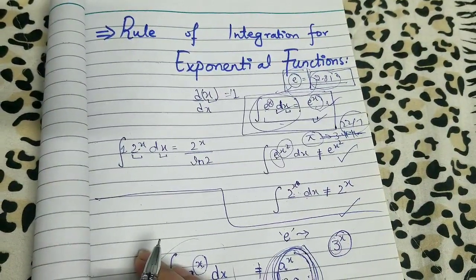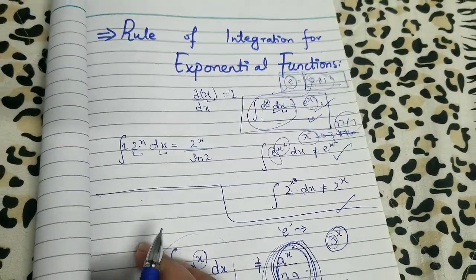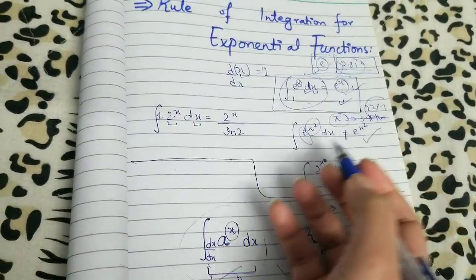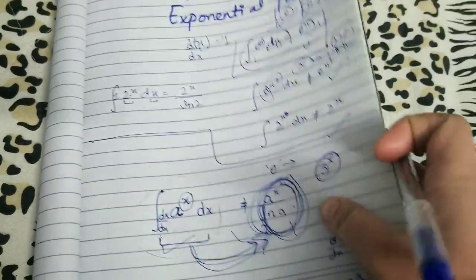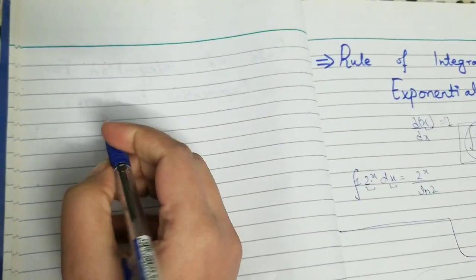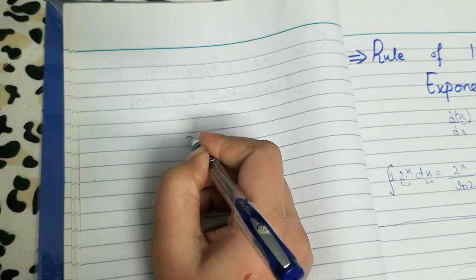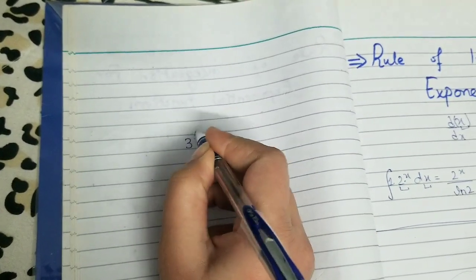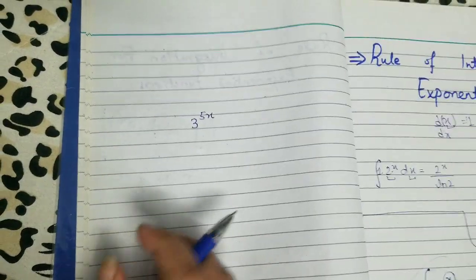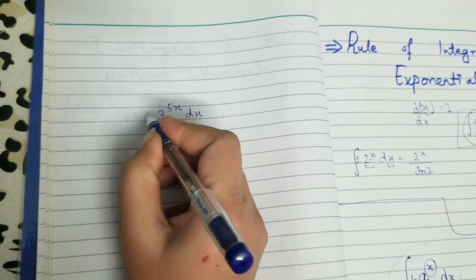All right, now let us see another example. For example, if we have a function like 3 to the power 5x, and we need to integrate it with respect to x.